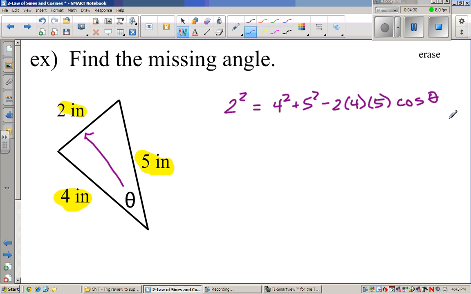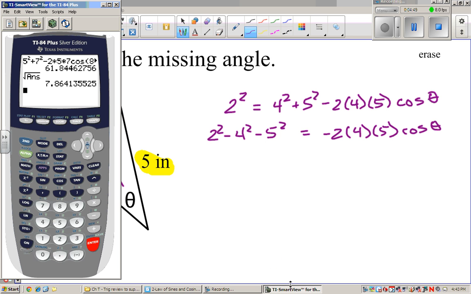Now as I proceed, it's really important that I'm careful not to make any mistakes mathematically. I'm going to subtract the 4 squared and 5 squared first. So 2 squared minus 4 squared minus 5 squared equals negative 2 times 4 times 5 cosine theta.